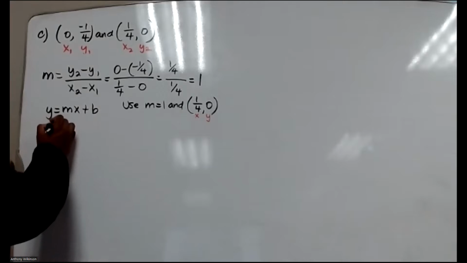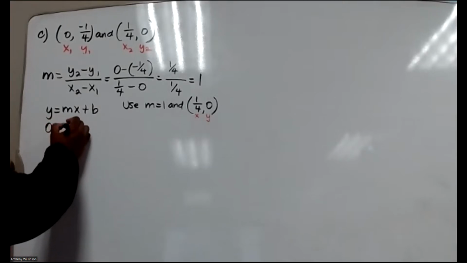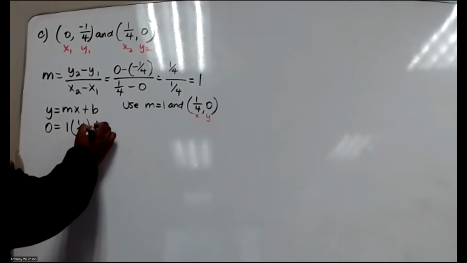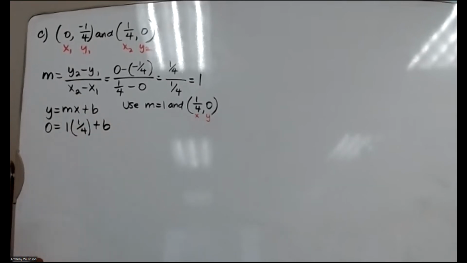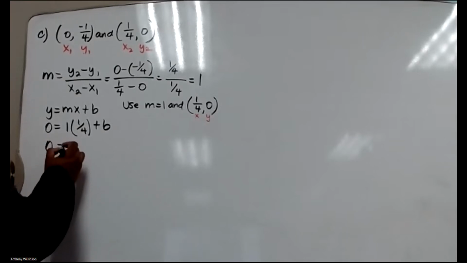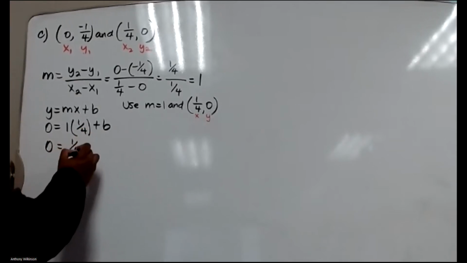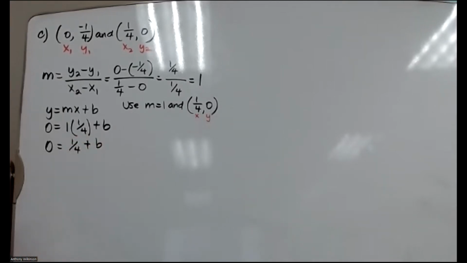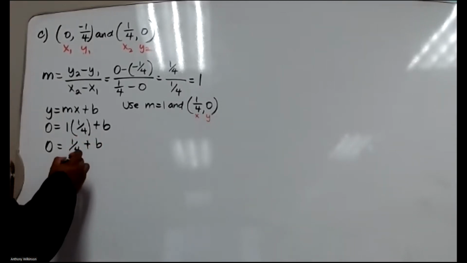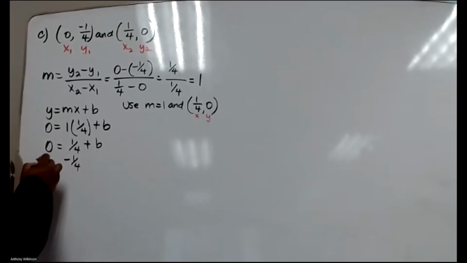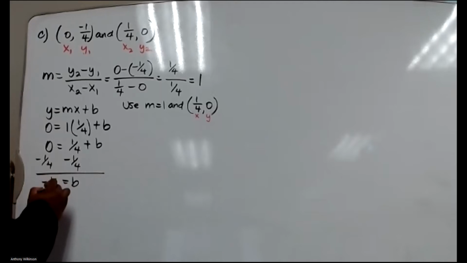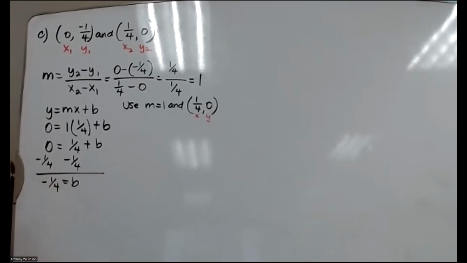So y, in this case 0, equals m, that's 1, times x, which is 1/4, and then plus b. One times a fourth will be 1/4. So this will be 0 equals 1/4 plus b. Then if I subtract 1/4 on both sides to get b by itself, b will have to be negative 1/4.